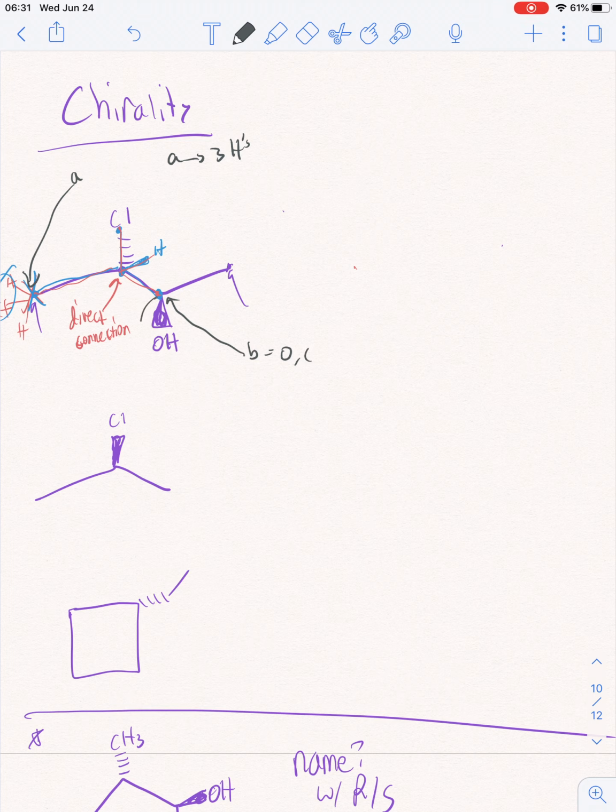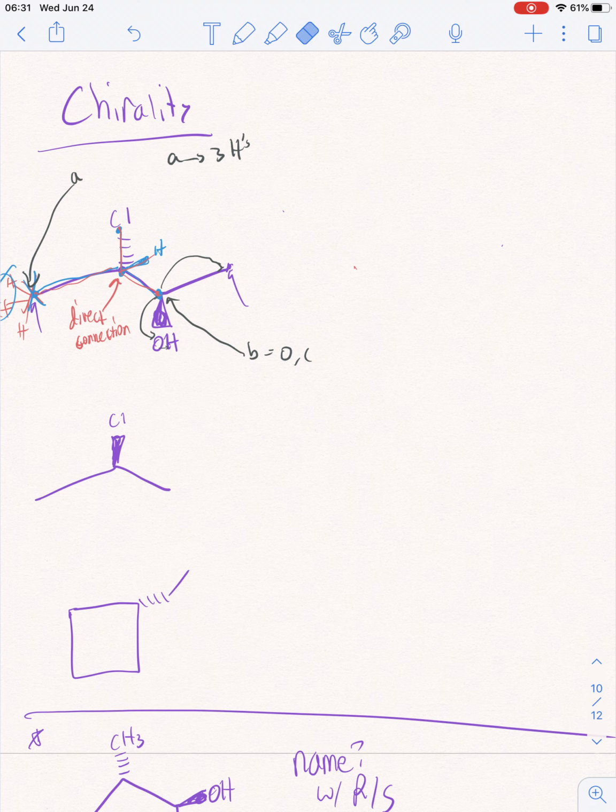Carbon B is connected to this O, and that O is connected to an H, but carbon B is not directly connected to this H. I hope that makes sense. It's only connected to the O, and then it's also directly connected to the carbon. So when we assign priority, we can figure this out. But now we know that carbon A and B are in fact two separate things because they have different stuff on them.